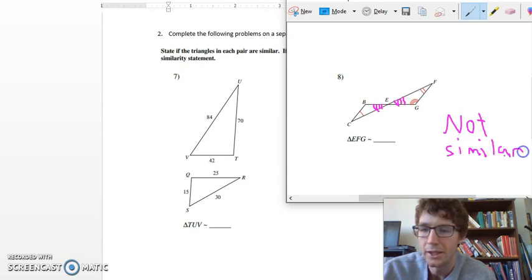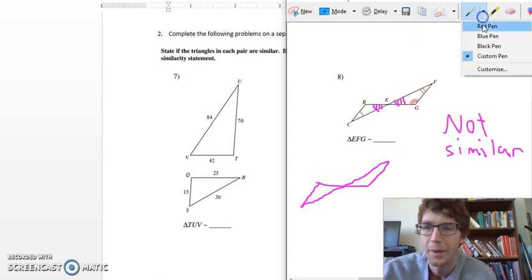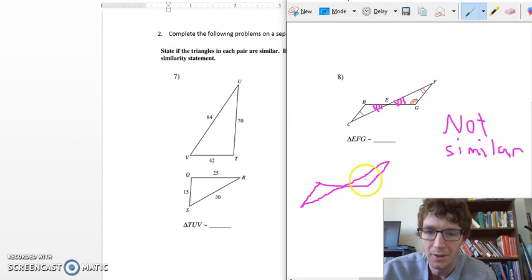What I think it was going for is some sort of triangle like this. Just keep in mind I'm using a mouse, so it won't be pretty. I think what they were going for was that this angle always has to match this angle over here. Those are vertical angles.